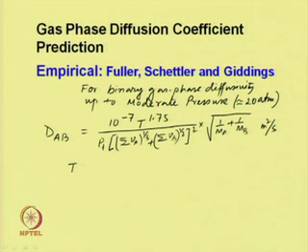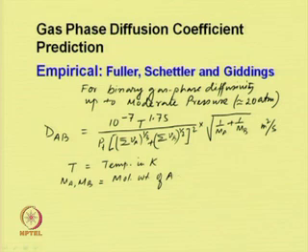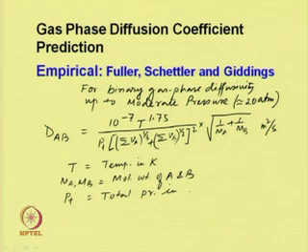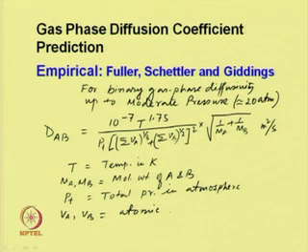where T is the temperature in Kelvin, M_A and M_B are the molecular weights of A and B, P_T is the total pressure in atmosphere, and V_A and V_B are the atomic diffusion volumes.